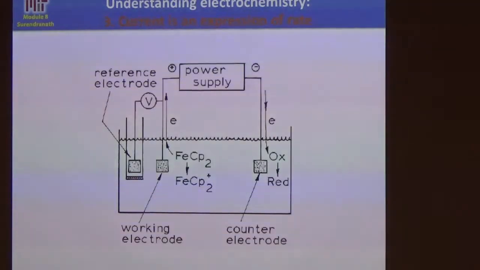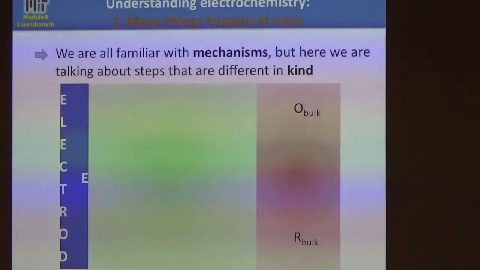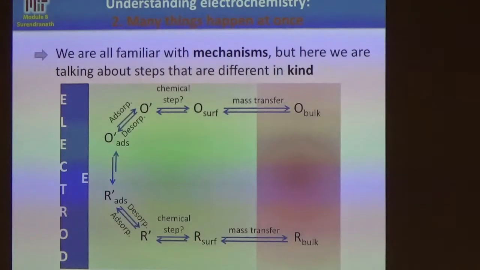Okay. The other thing that's really important to appreciate is that one of the grand things about electrochemistry is that you are very, very easily able to measure the flow of that current, right? So because it's an electrical measurement, you can literally count the number of electrons flowing through your external circuit. That's just a measure of current. But what's so powerful about electrochemical systems is that a measurement of current is a measurement of rate, right?